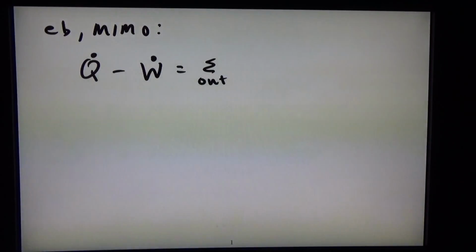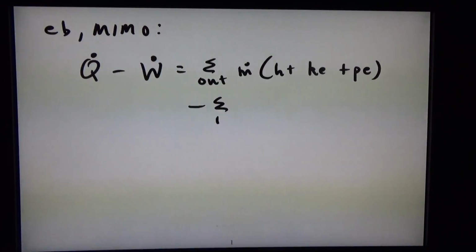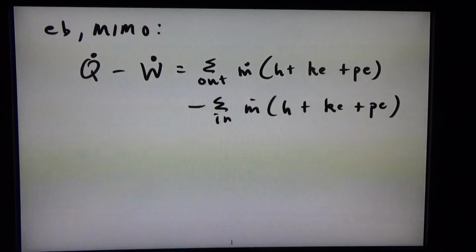summation out of m dot times (h plus KE plus PE) minus summation in of m dot times (h plus KE plus PE). So for the heat exchanger as a system, we can cancel out Q, we can cancel out W, kinetic and potential energy, and we get a mass flow rate times enthalpy balance.